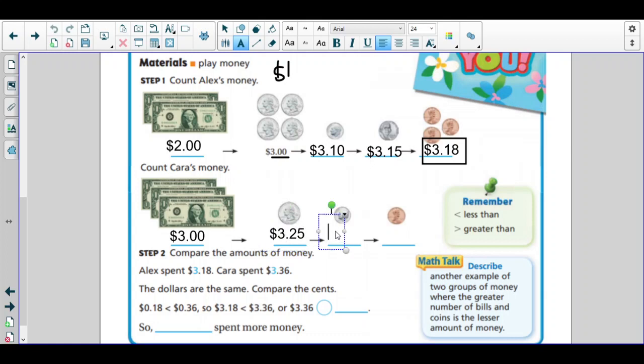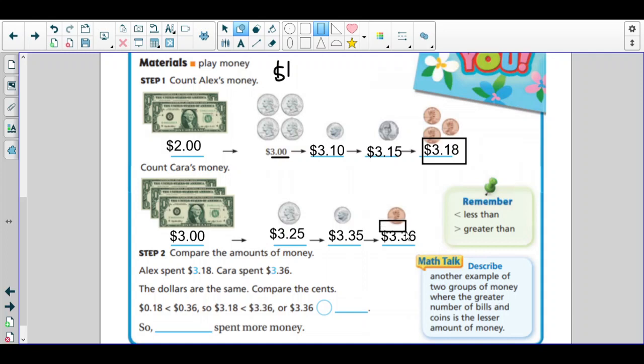And then she's going to add a dime, $3.35. And then finally she's going to add a penny, which is $3.36. So that is what Kara's total ended up being.